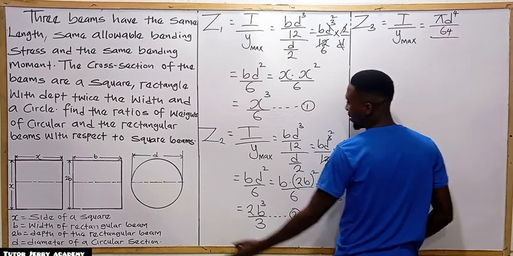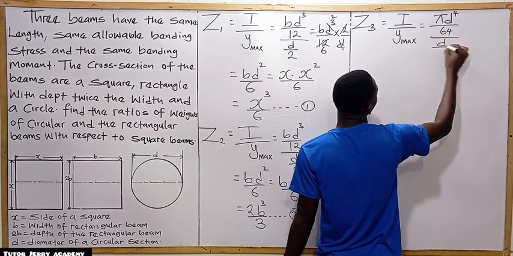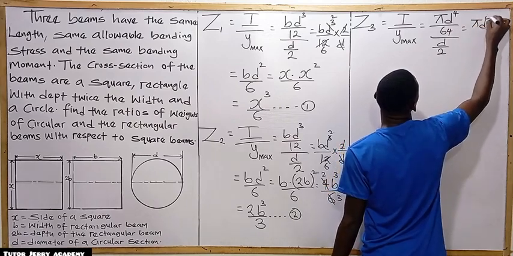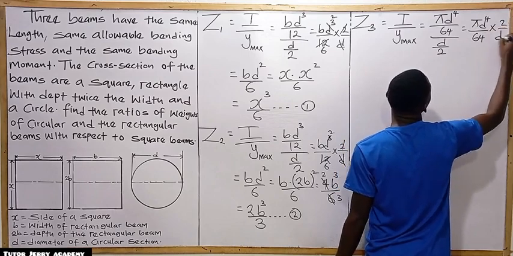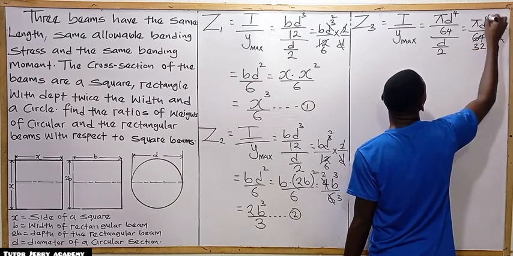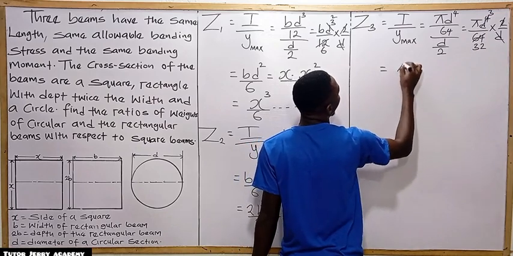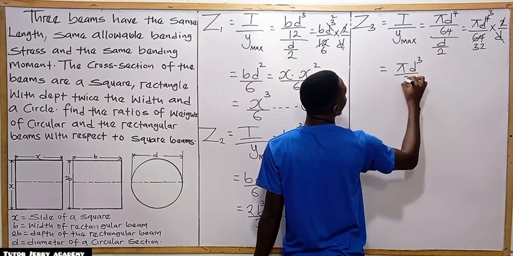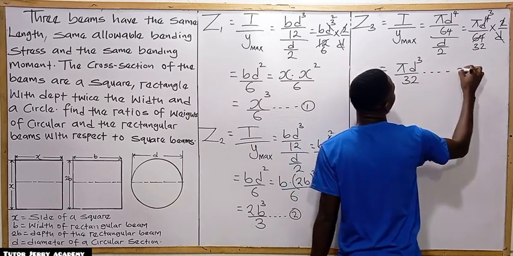And our y max is the distance from the bottom to the neutral axis, which is still d divided by 2. So this is going to be pi d to the power of 4 over 64 multiplied by 2 divided by d. 2 here 1, 2 here is 32. d here 1, d here is 3. So this will be equal to pi d to the power of 3 over 32. All right. So let's call this equation number 3.